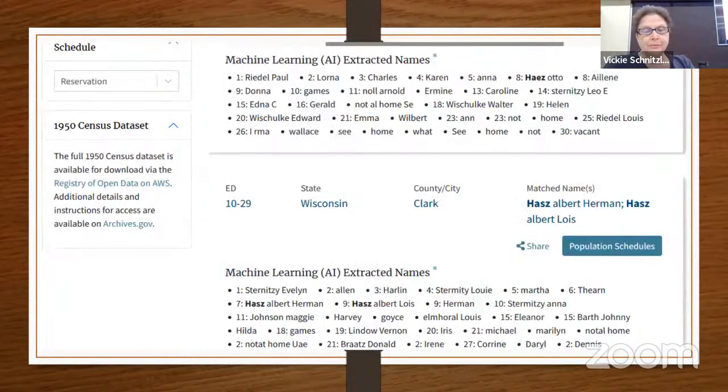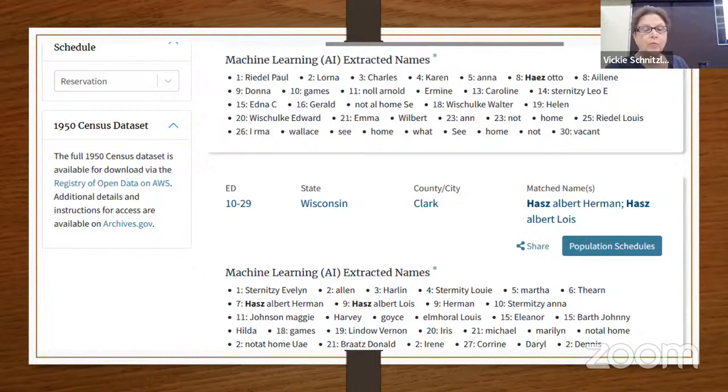Next slide, please. Okay. When I did the search in that enumeration district and I had Haas on the screen, it went through that whole district and pulled up any other place in the district that had Haas. Now, about a mile down the road, my uncle used to live with his wife. You can see number 9 is Haas Albert with Lois.